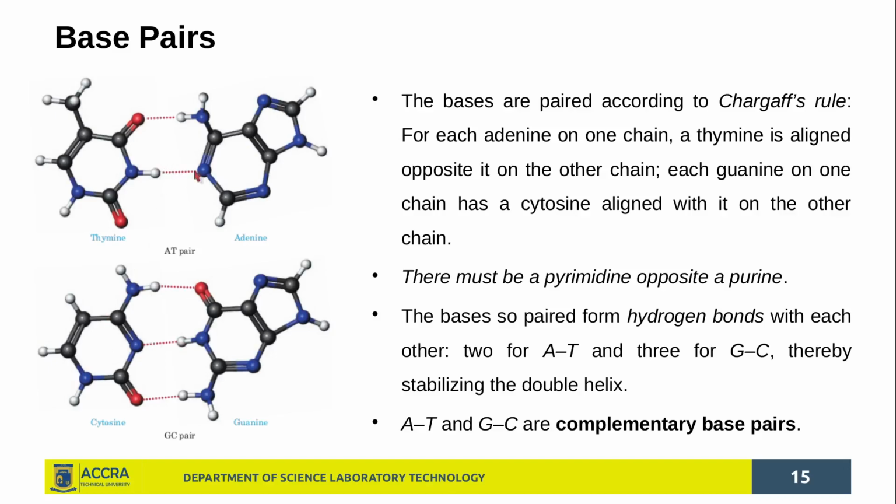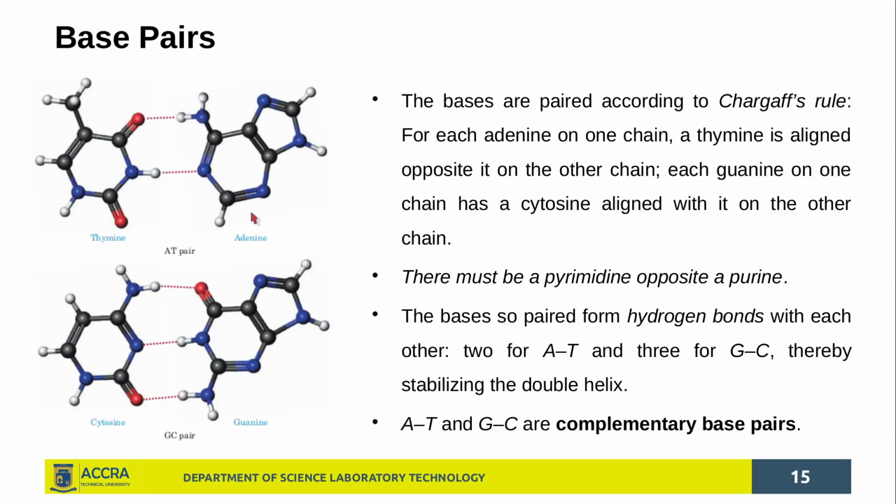Now, the difference between the hydrogen bonds of these two complementary base pairs is that thymine and adenine have two hydrogen bonds between them, but for cytosine and guanine, you have three hydrogen bonds between them. So you find cytosine and guanine being complementary bases, just as thymine and adenine are complementary bases.